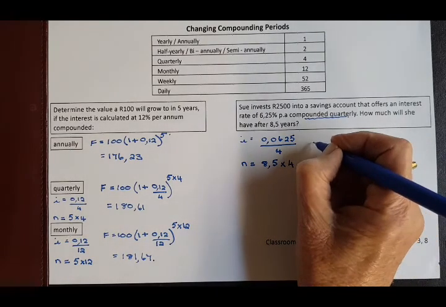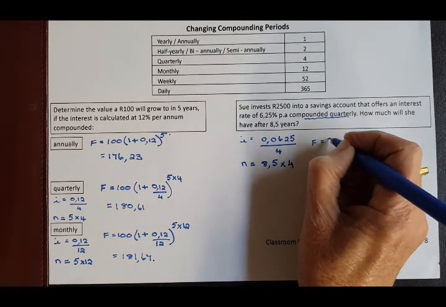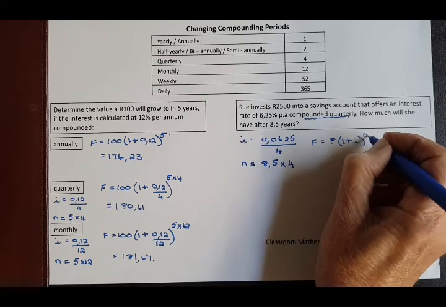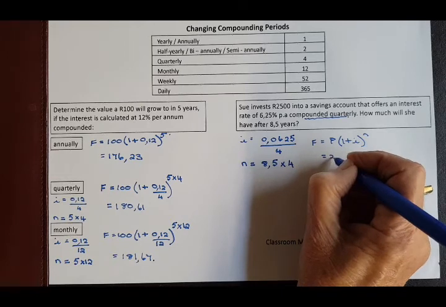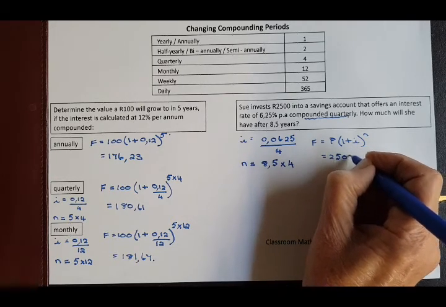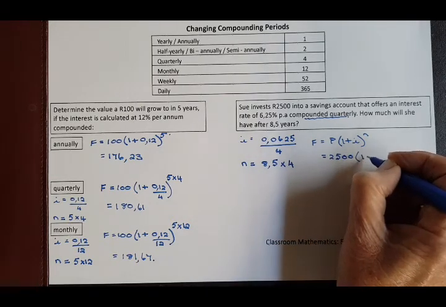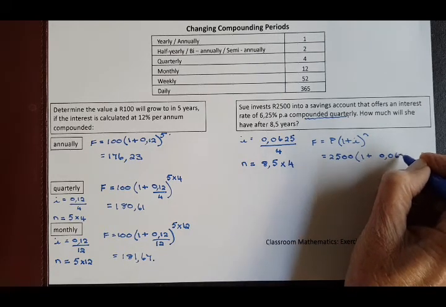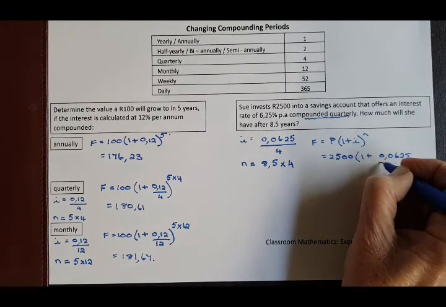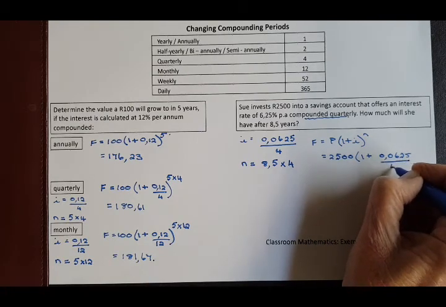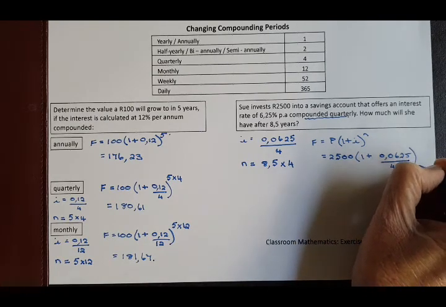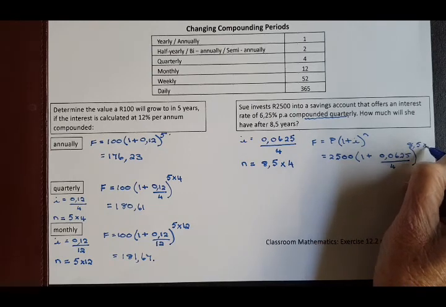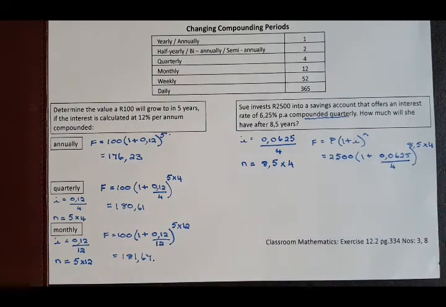So when we calculate our future value, we're still using that formula, present value times 1 plus i to the power of n. Our present value 2,500, 1 plus 0.0625 all over 4 raised to the power of 8.5 times 4.